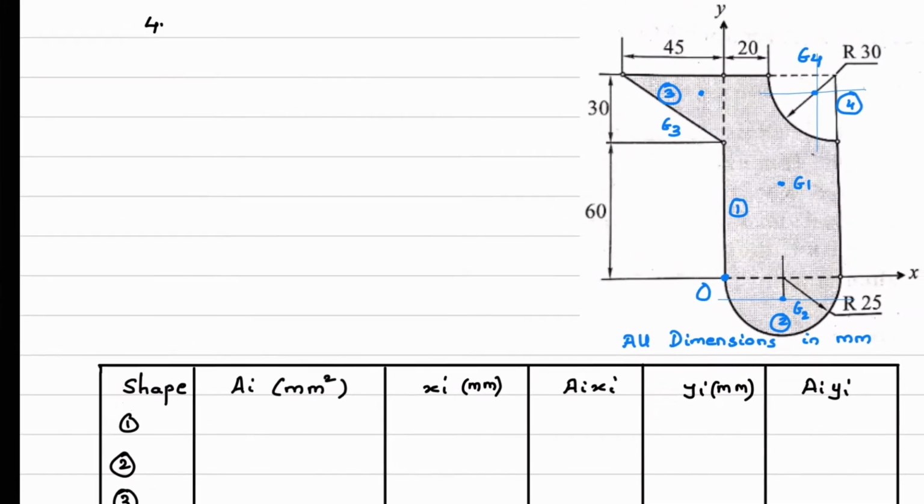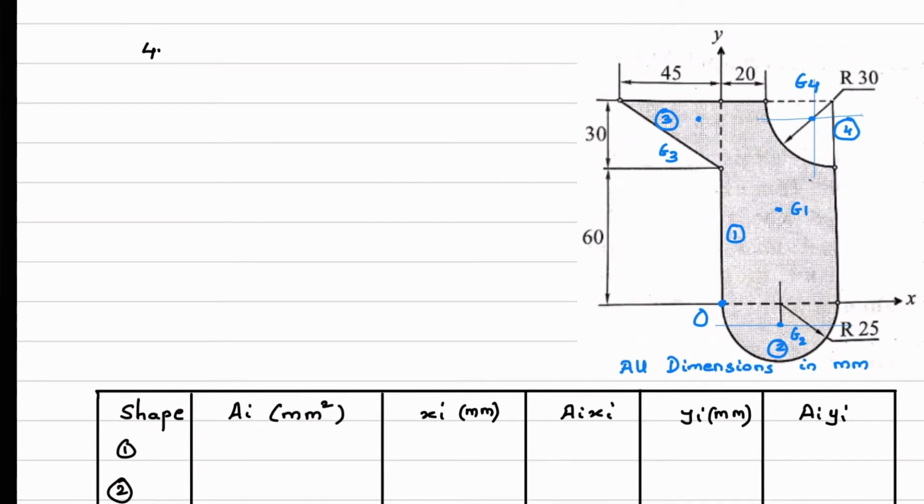So we'll first calculate area of all the figures. So what is the first geometry? It is rectangle. Now for this rectangle, you can see semicircle radius has been given as 25. So this dimension will be 50, and what is the height? 90.